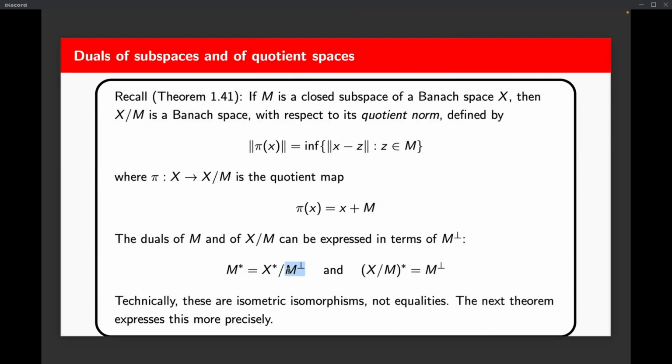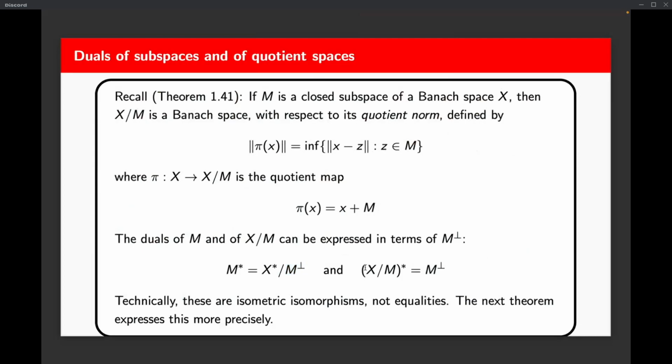So this is kind of interesting. There's nothing really new to be gained by thinking about the topology of the dual of M. You can basically get it entirely from knowing the norm topology on X and modding by the annihilator of M, and then applying the normal quotient norm, and that gives you this M star with the same norm.